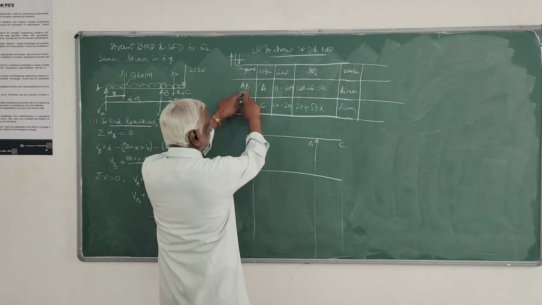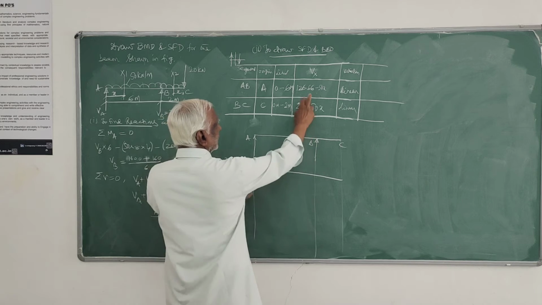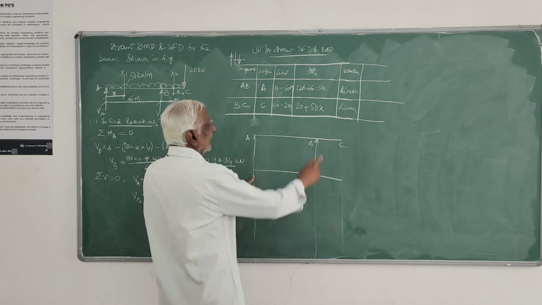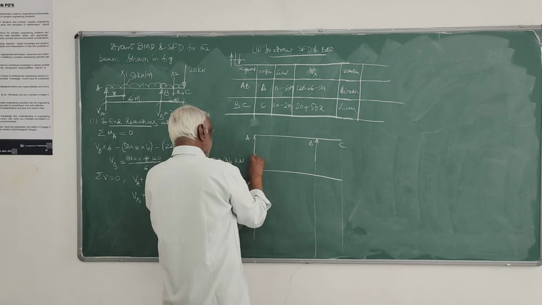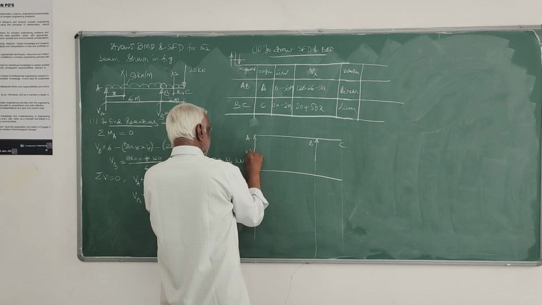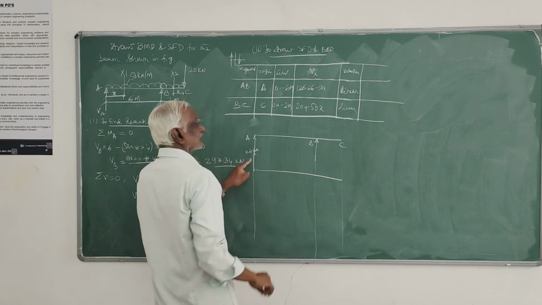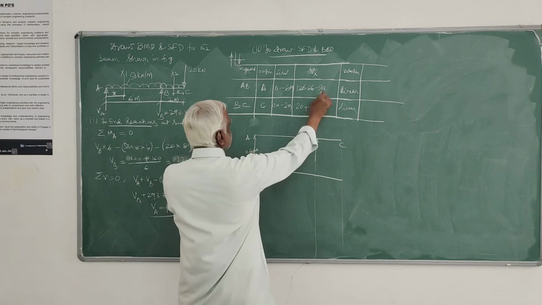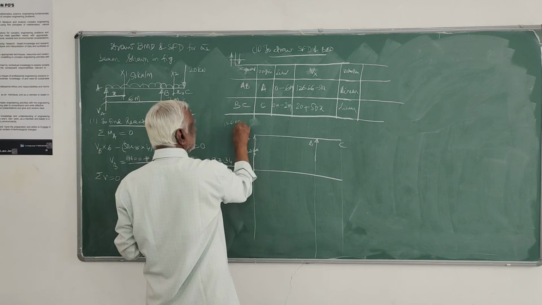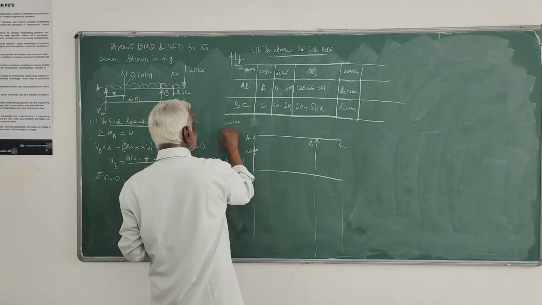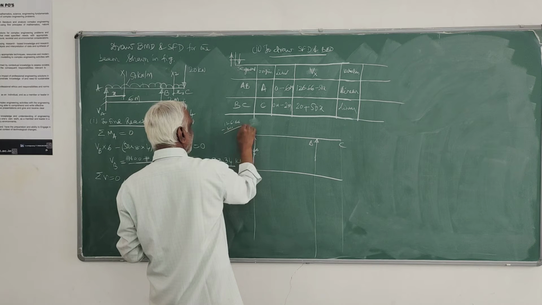For the AB portion, this is the equation. When x equals 0, it is 126.66. Then when x equals 6 meters, it is 126.66 minus 50 into 6, that is 300.